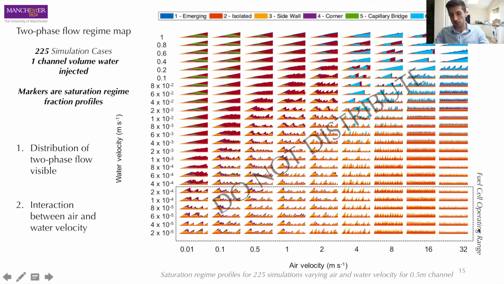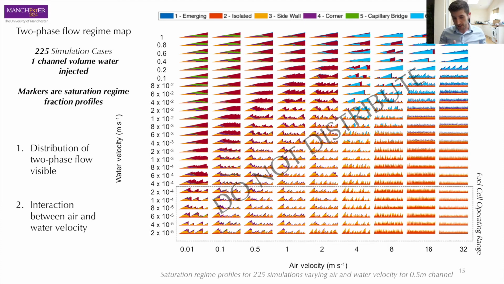And I've put a bracket around the fuel cell operating range here, which is the water production rate that you would get at typical current density values. So with this model, I was able to extrapolate well above the range of fuel cells, but also the fuel cell operating range that you can see.